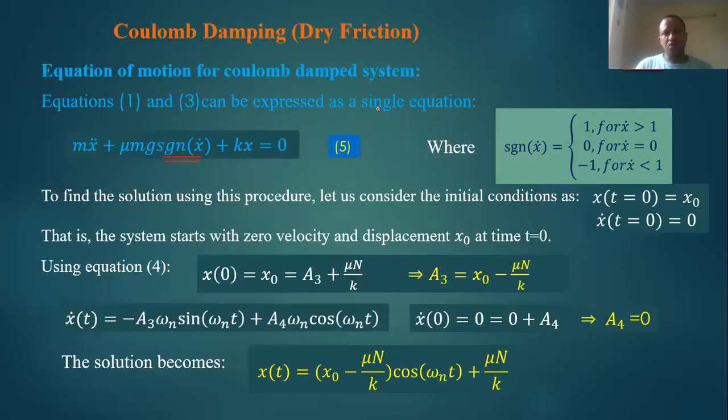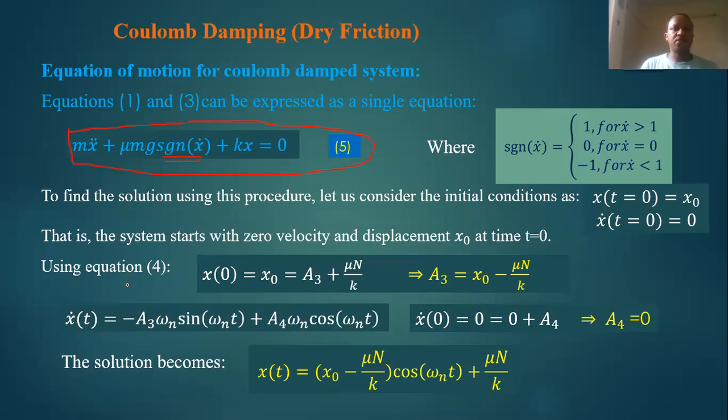These both combine together to get this particular equation: mass times acceleration, that is m x double dot, plus mu m g, where mg is the weight, times signum of x dot, plus kx is equal to 0. The signum function is already defined here.